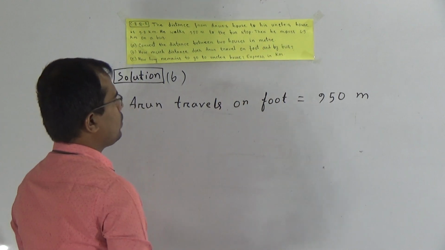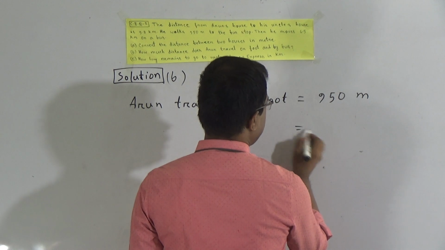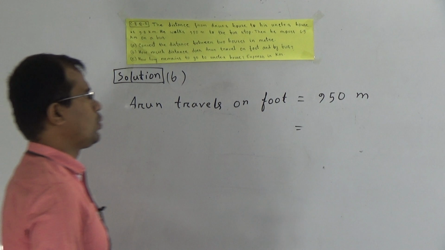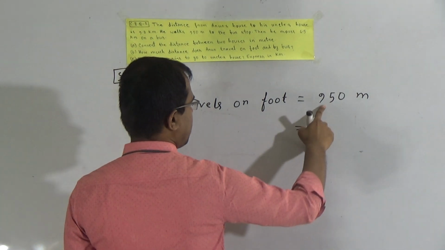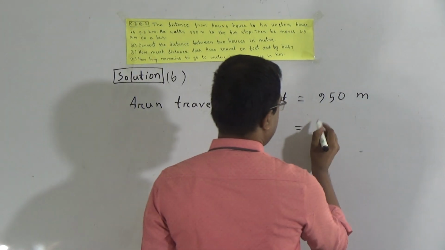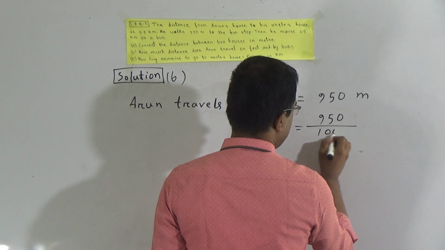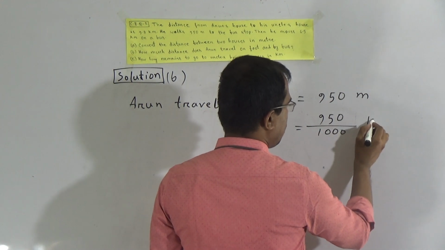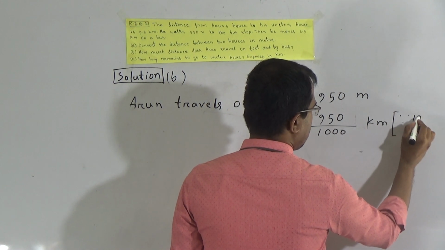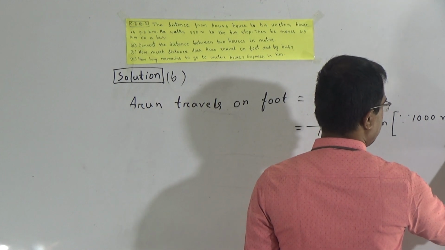It is given in kilometer, so we have to convert the other into kilometer. For converting, we know that 1000 meter is equal to 1 kilometer. So if we want to convert it into kilometer, we have to divide it by 1000. 950 divided by 1000. Now we have to write here kilometer, not meter. Here we can write 1000 meter is equal to 1 kilometer.